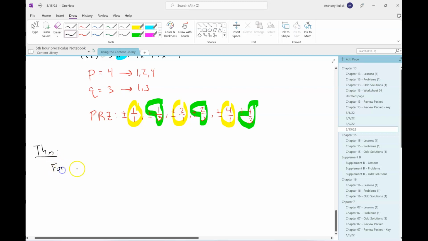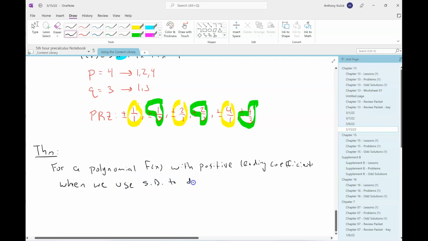All right. So we would say for a polynomial f of x with positive leading coefficient, when we divide by, maybe we'll say use synthetic division to divide by x minus k, we get two possibilities.